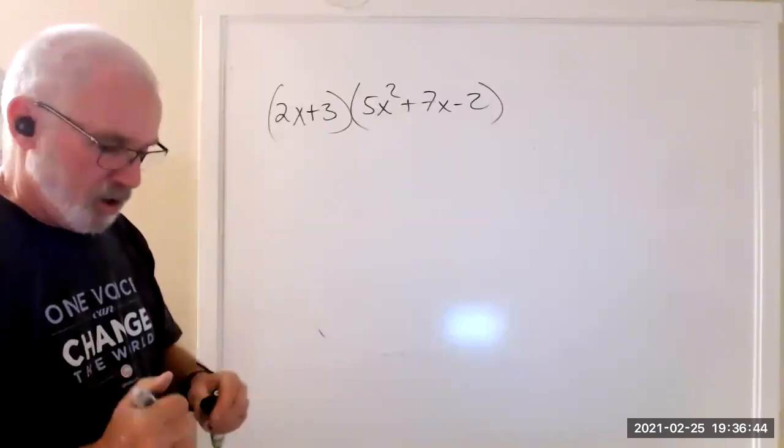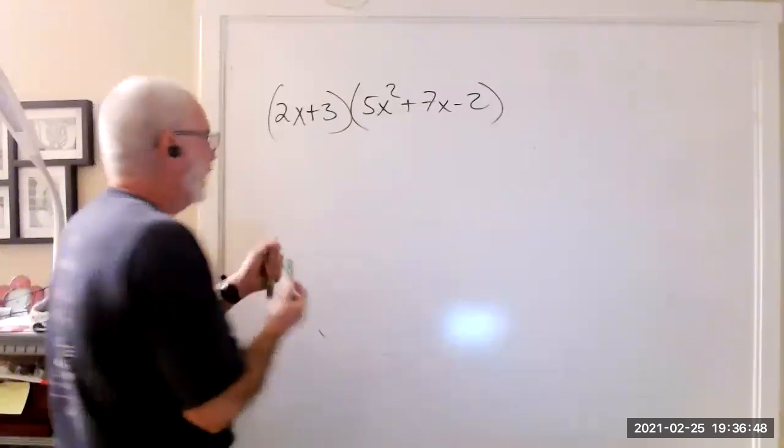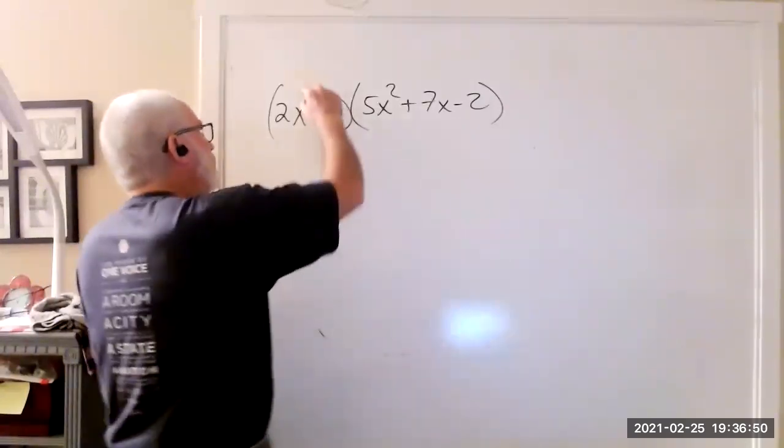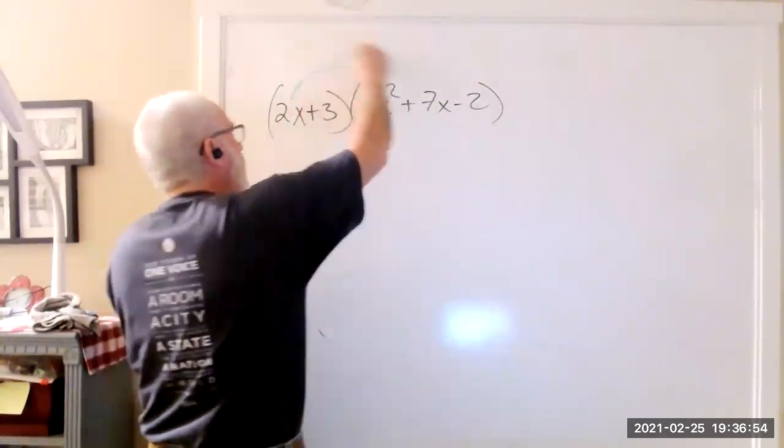The traditional way that this is taught is you distribute the 2x to everybody here.